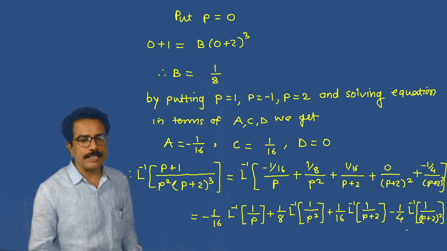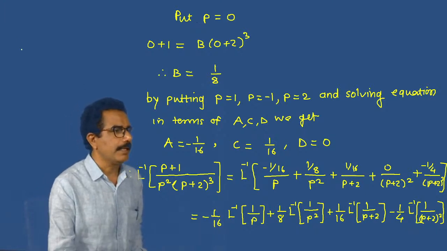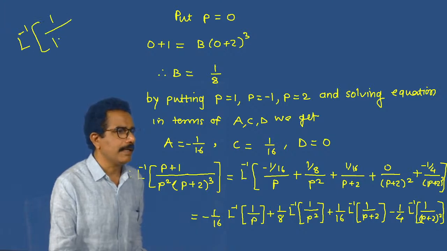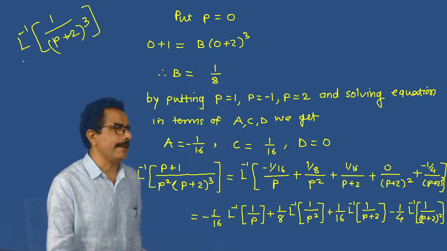Here we have to use the shifting property. See this, L inverse of 1 upon (P plus 2) bracket cube. Okay, and this minus 1 by 4 as it is.